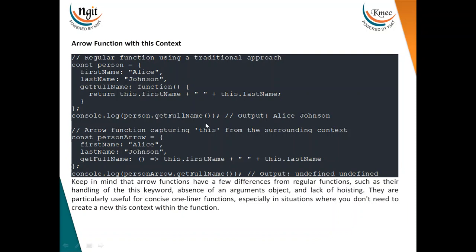So I am printing person.getFullName, that function I am trying to call using an object. Okay, in this way we will be creating arrow functions, with a few differences from regular functions.